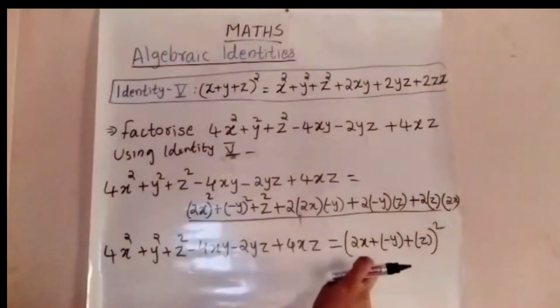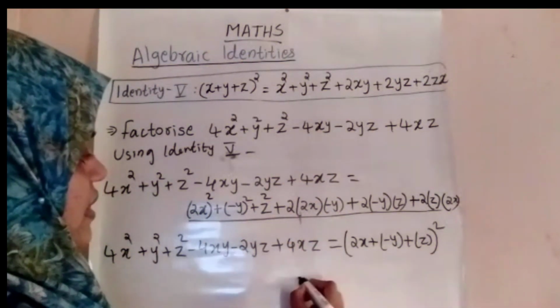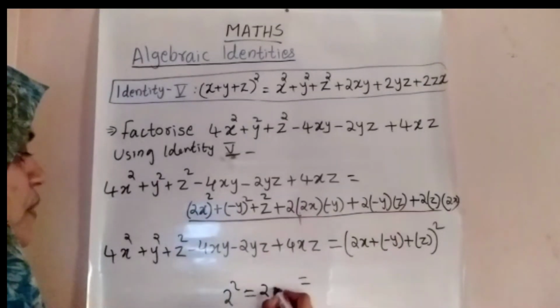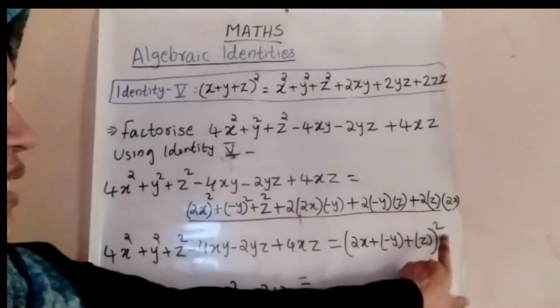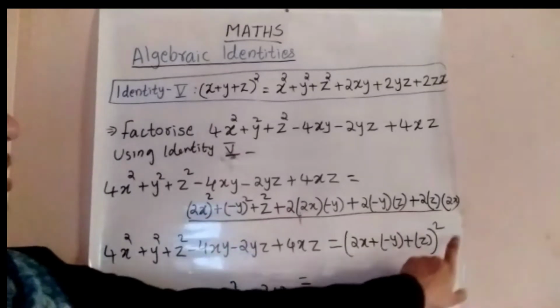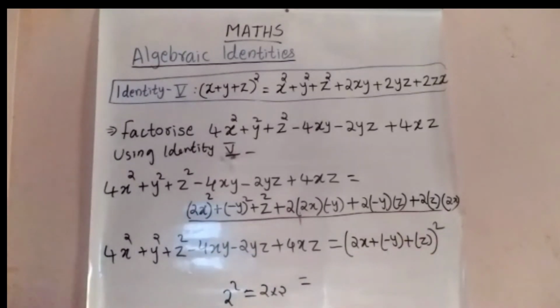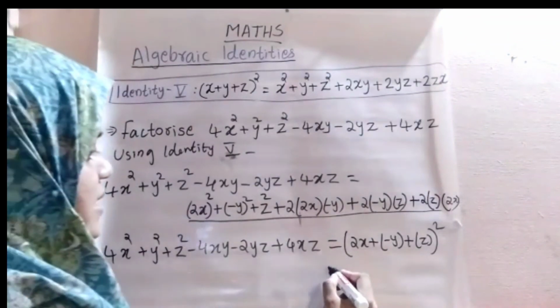We can rewrite this square as 2 into 2. Factorized form means we need to write the term in linear form. In the last class also we have discussed factorization.